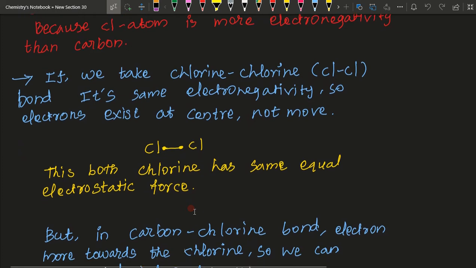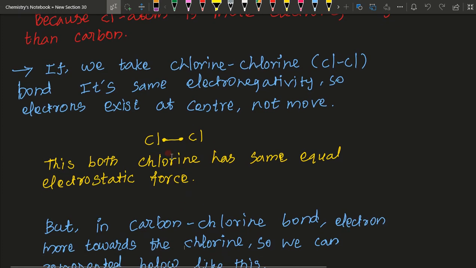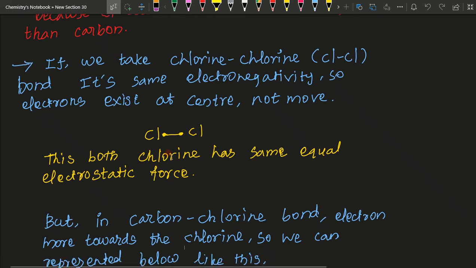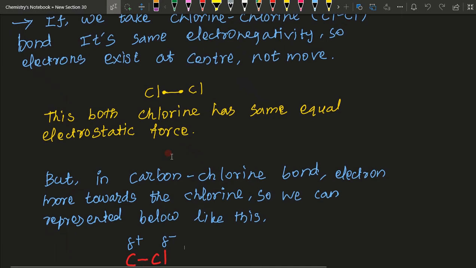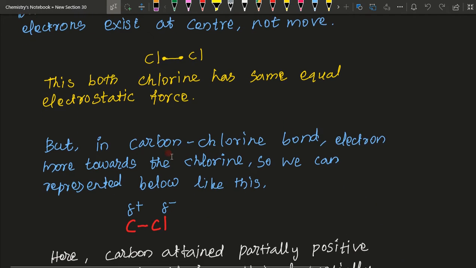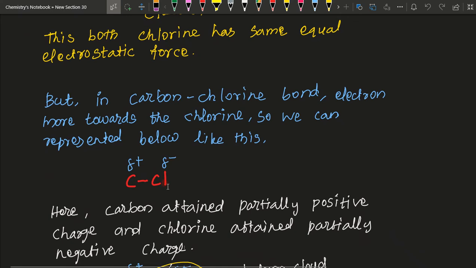In between the chlorine atoms, both chlorines have equal electrostatic force, but in the carbon chlorine bond, the electron moves more towards the chlorine, so we can represent it below like this. So chlorine pulls the electron from carbon, so it attains a partially negative charge. At the same time, carbon attains a partially positive charge.